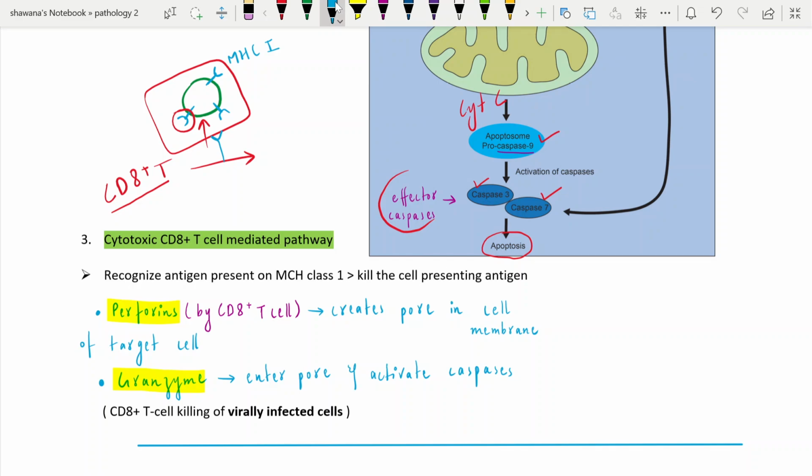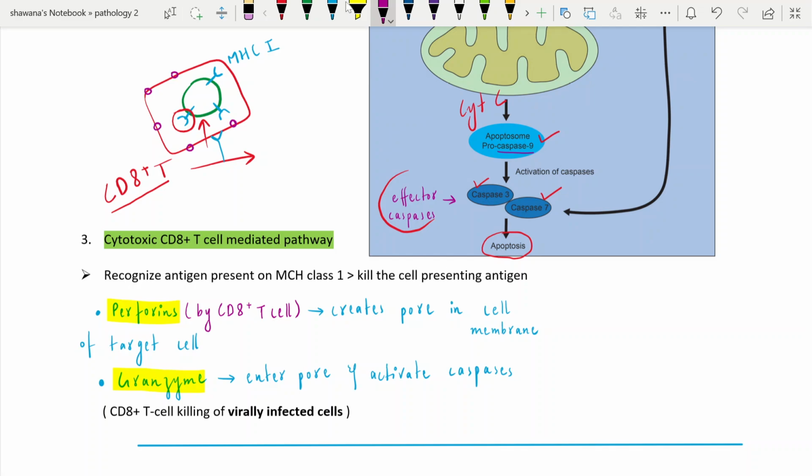How does it mediate apoptosis? CD8 positive T cells release perforins and granzymes. What are these two enzymes? Perforins create holes in the cell membrane of the target cell. You can remember it by perforations.